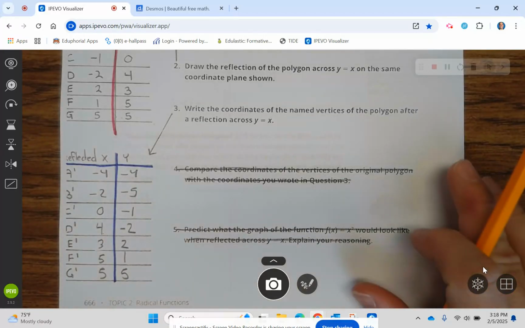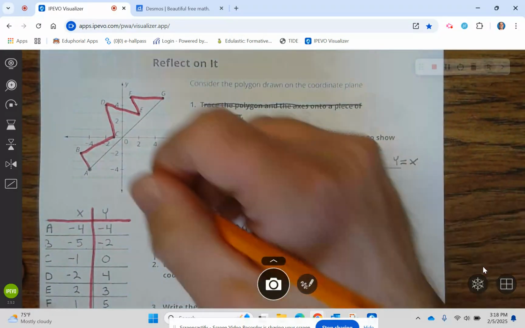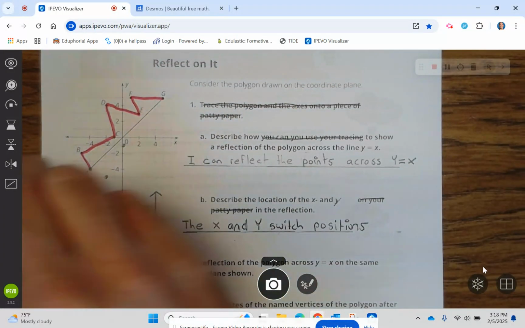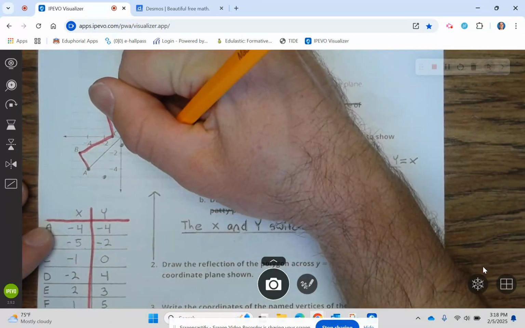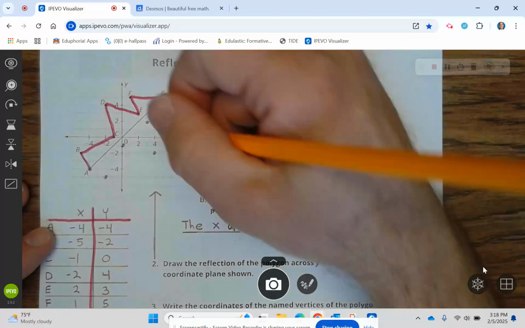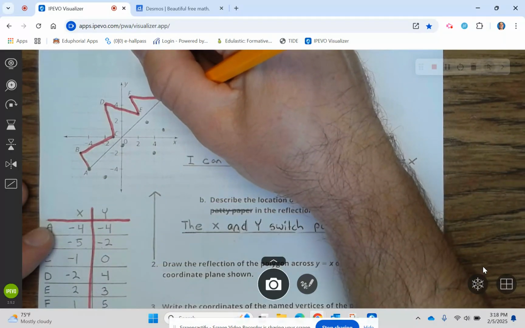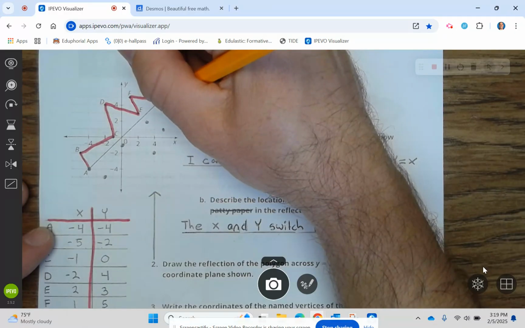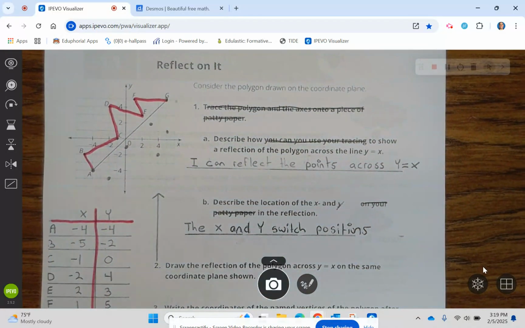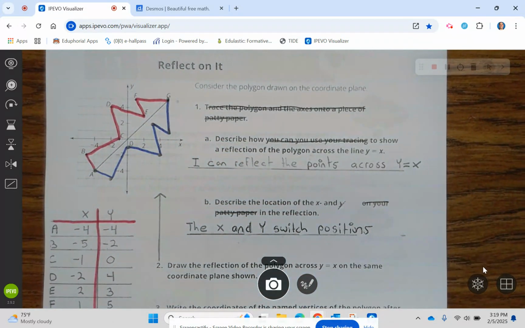All right, and let's go ahead and graph those points. Okay, so there's that portion of the graph.